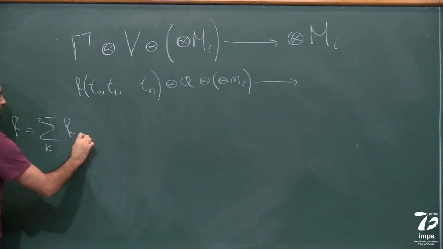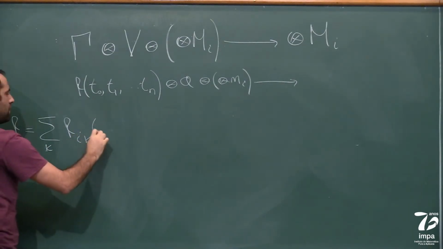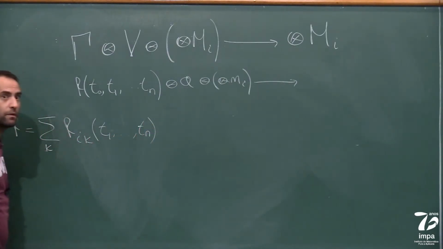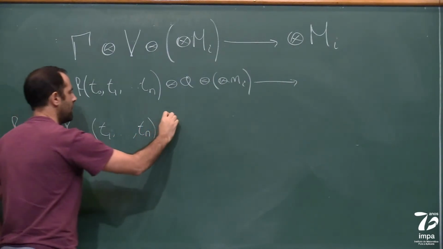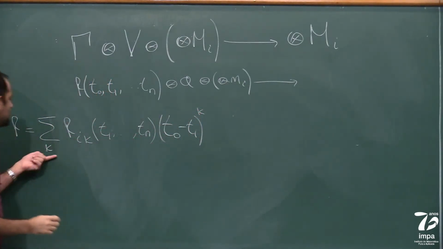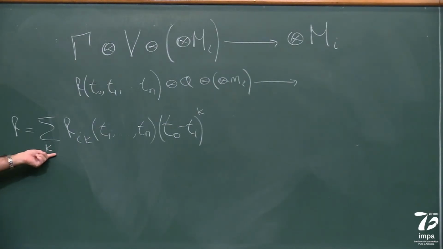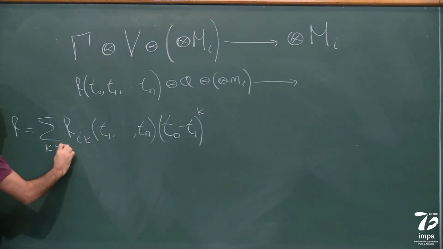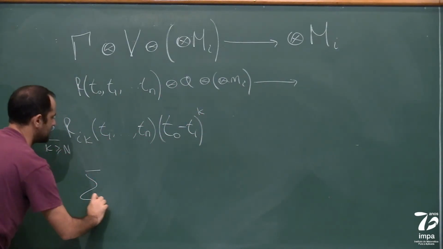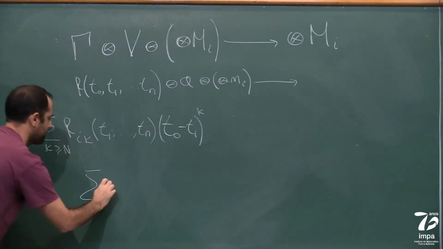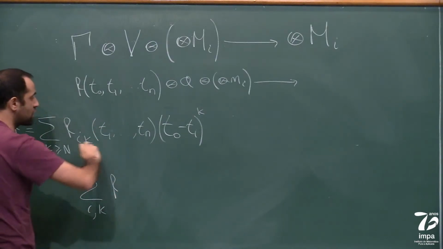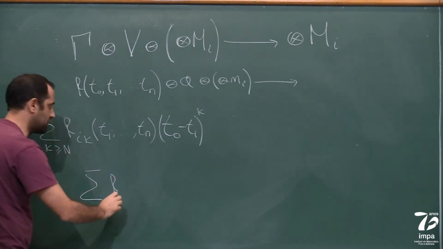This is a sum. So this is a function that will depend on t1 up to tn, no longer on t0. And it's going to have a t0 minus ti to the k. And this is a Laurent series that starts at some integer number. So the image of the differential is the sum over all points i and over all k of this guy, which is constant once I fix the points t1 up to tn.